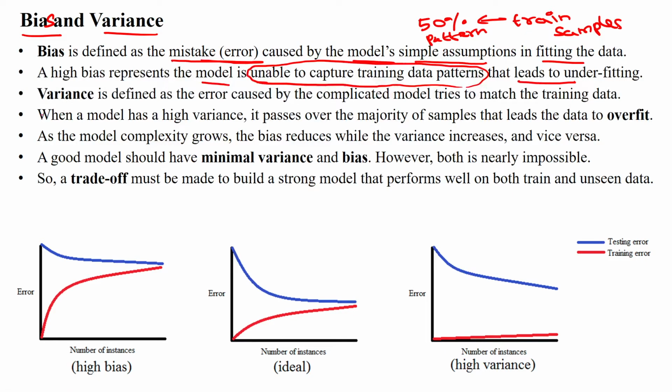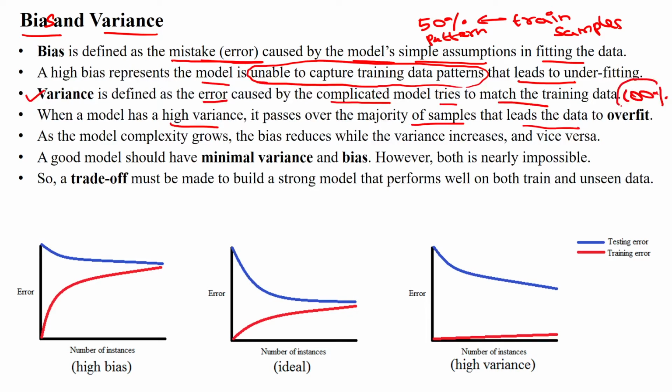Then there is another term, variance. Variance is error caused by a complicated model which is trying to match the training data 100 percent, learning 100 percent of the training data patterns. In this situation, the model will have high variance when it is passing over the majority of samples, which leads to overfitting.